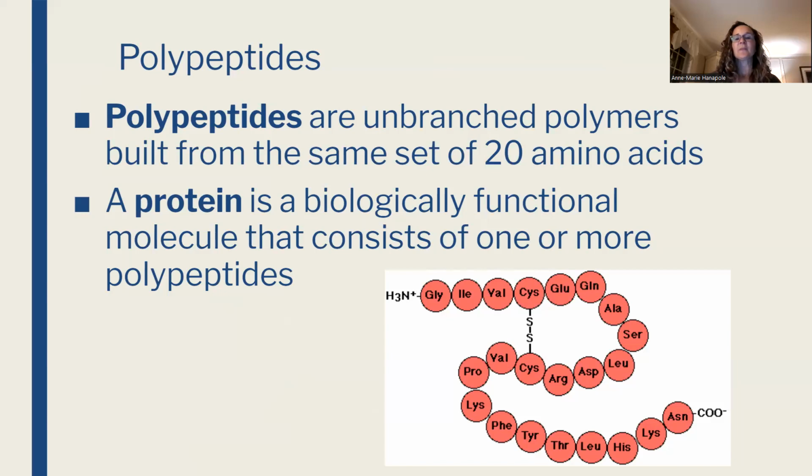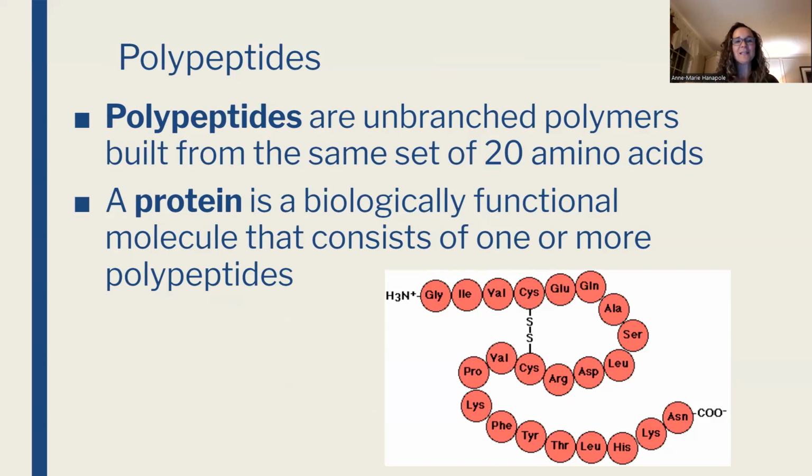Proteins are, again, polymers, and so they are going to be made up of amino acids. A polypeptide is a long chain of a whole bunch of amino acids all bonded together. There are 20 different amino acids, and the sequence of those is determined by your DNA, which we will talk about in a later unit as well.